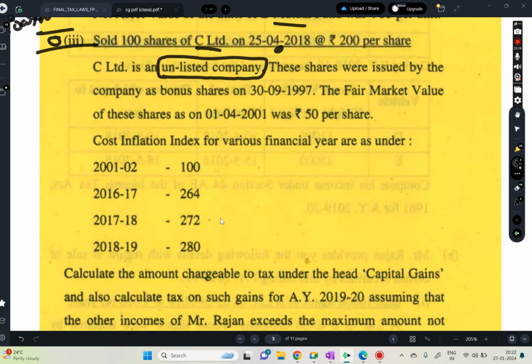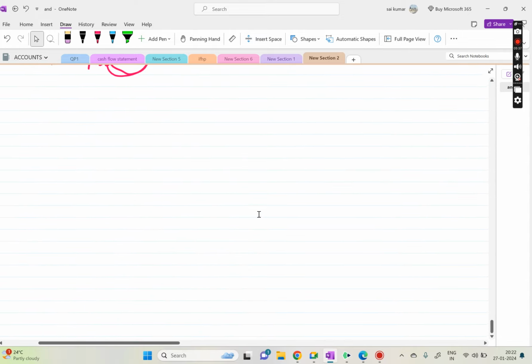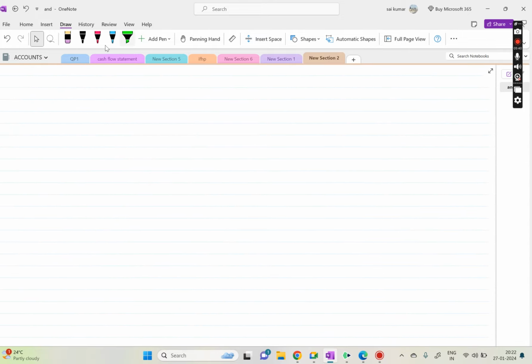These shares were issued by the company as bonus shares. Since we are discussing bonus shares, let's write some concepts related to them. Normally the cost of acquisition of bonus shares is nil, because we did not spend any money while buying them.